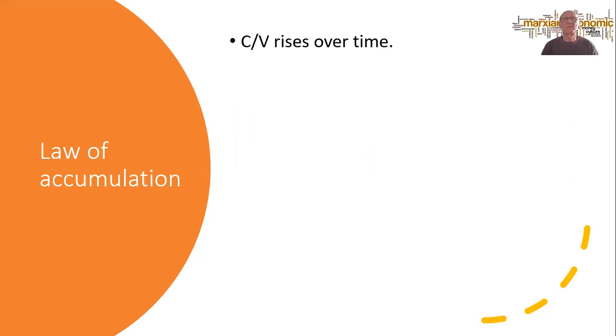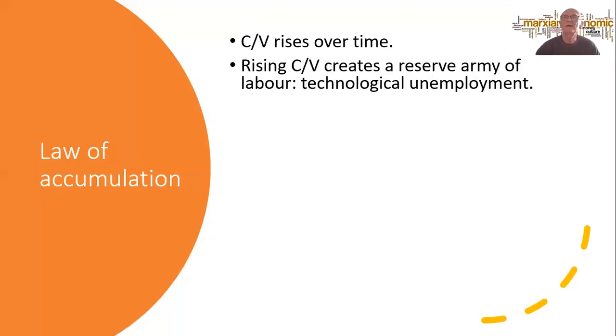Over time, there will be a rise in the organic composition of capital. Just use the formula C for constant capital, V for variable capital. C over V rises over time, empirically proven. That rising C over V will tend to create a reserve army of labor and technological unemployment.